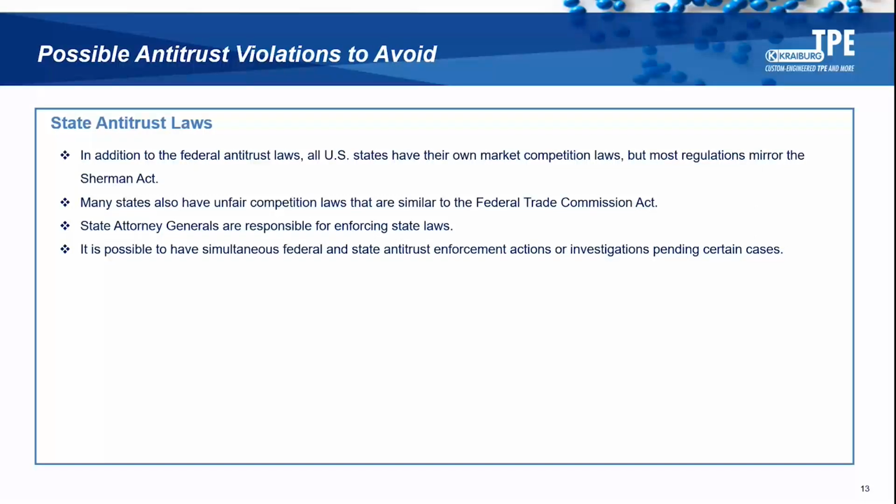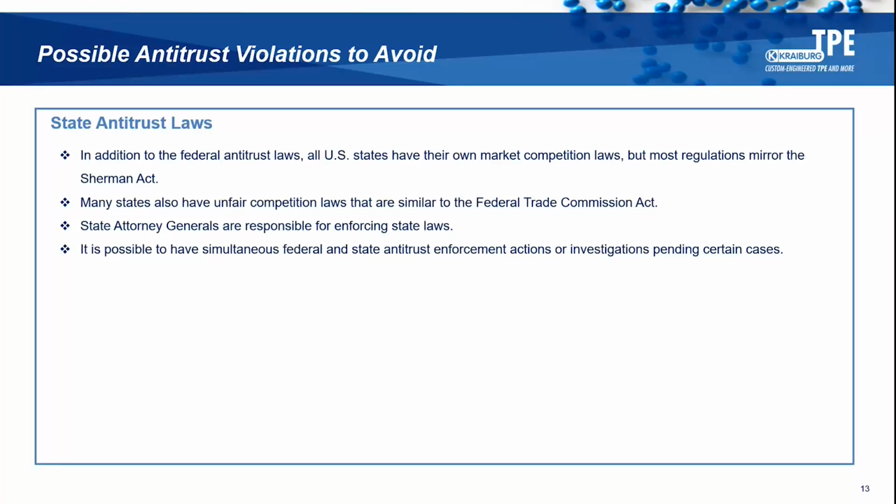The last topic has to do with state antitrust laws. In addition to the federal antitrust laws, all U.S. states have their own market competition laws, but most regulations in place at the state level mirror what's included in the Sherman Act or those that are enforced at the federal level. Many states also have unfair competition laws that are similar to the Federal Trade Commission Act.